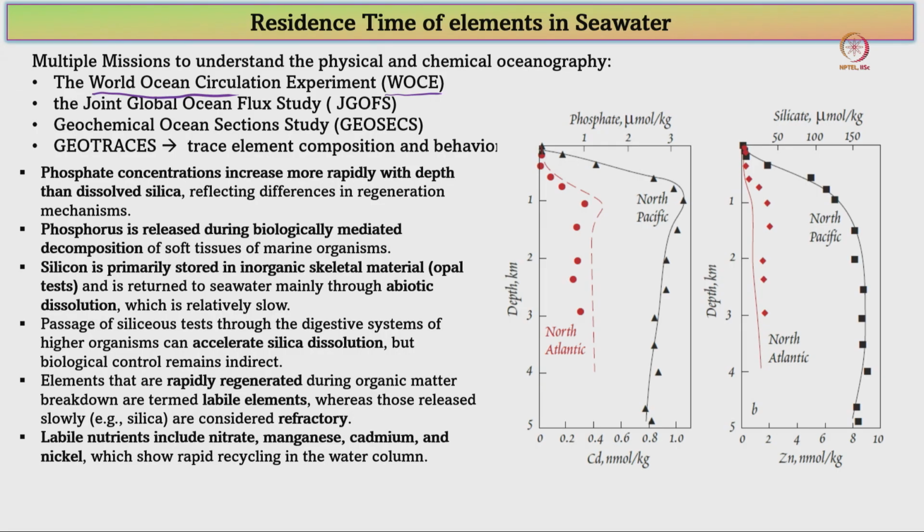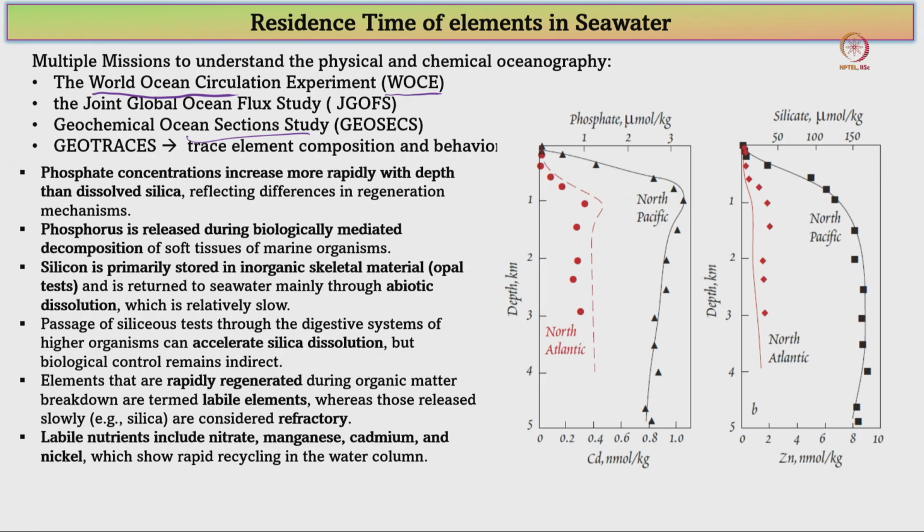Similarly, that was preceded by the Joint Global Ocean Flux Study. At that time there were again many objectives. The chemistry came mainly with the Geochemical Ocean Sections Study, where they took up certain sections of the ocean and studied those.